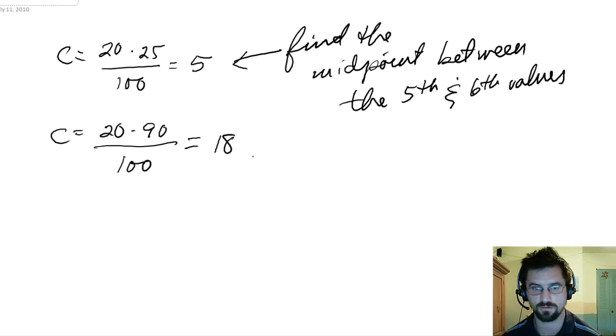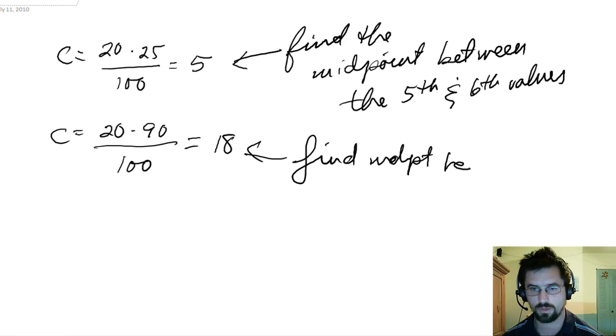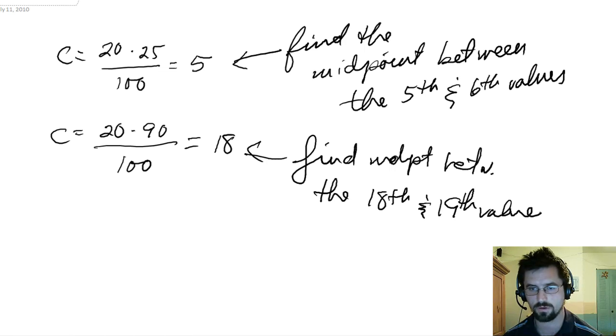And that's your answer. For this one, we'll find the midpoint between the 18th and 19th values. So keep that in mind. We're looking for the midpoint between the 5th and 6th and the midpoint between the 18th and 19th.